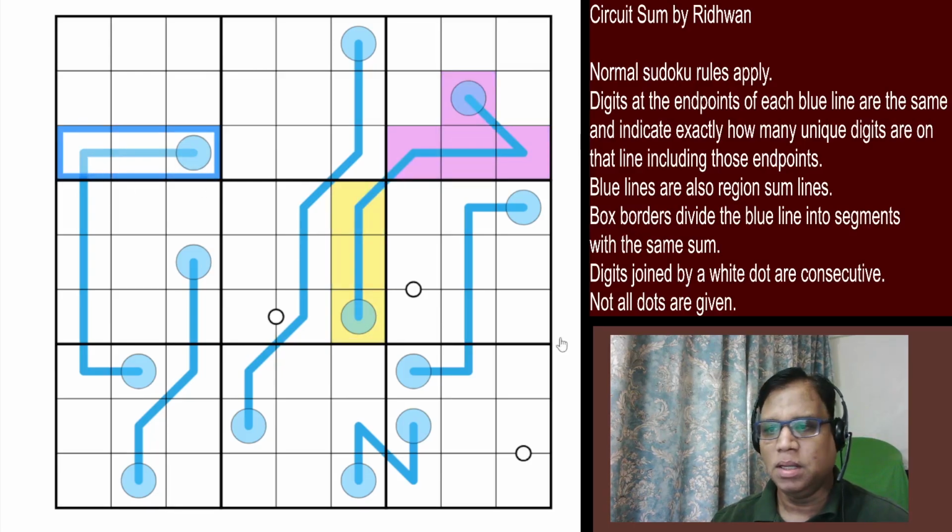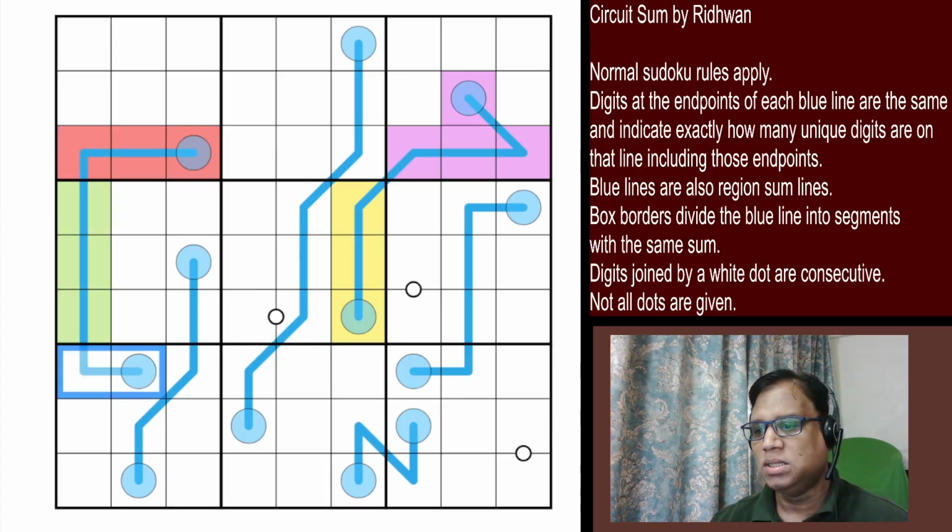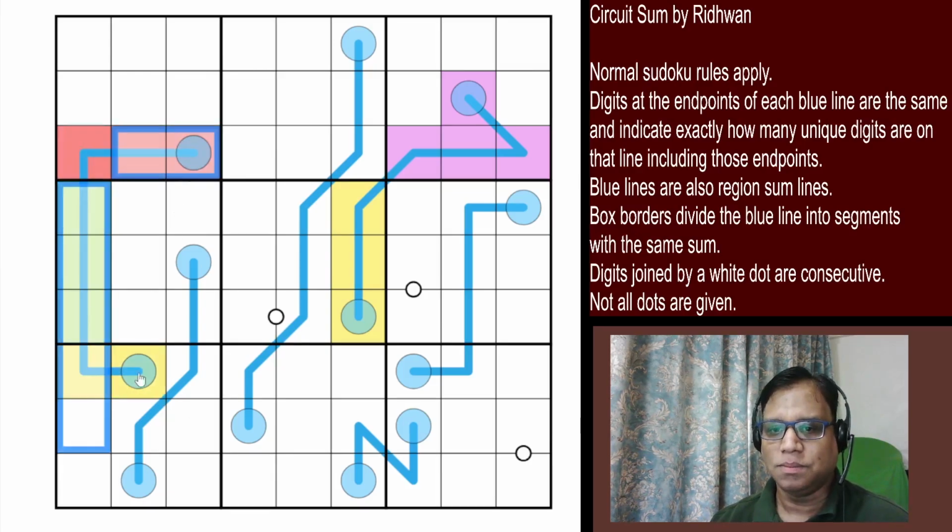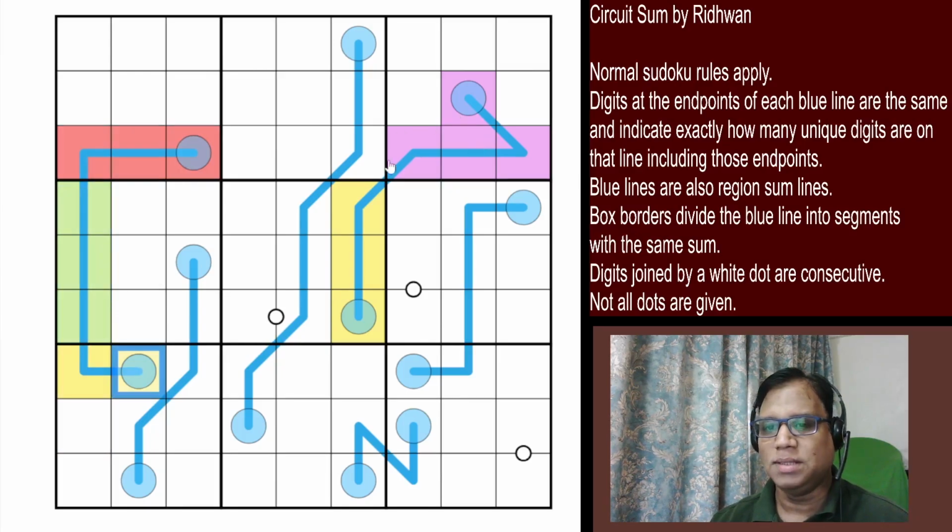So the sum of the red digits should be the same as the sum of the green digits and the yellow digits. So these blue lines have two purposes: the endpoints must be the number of unique digits on that line, and it's also a region sum line.